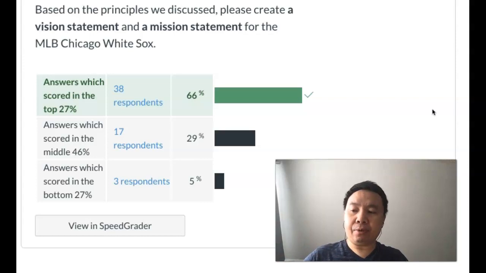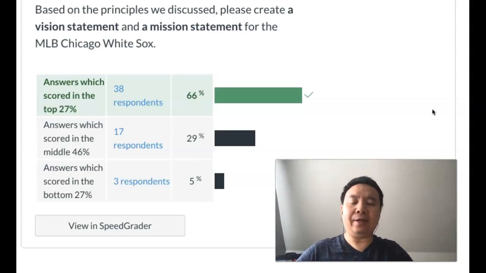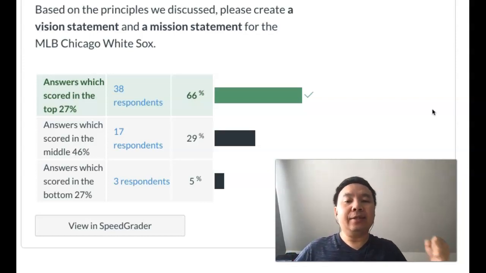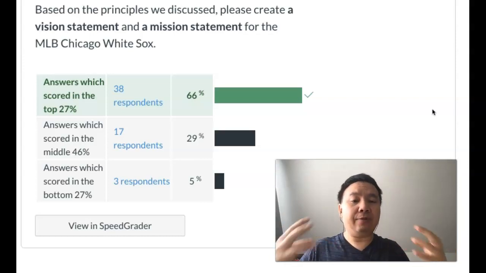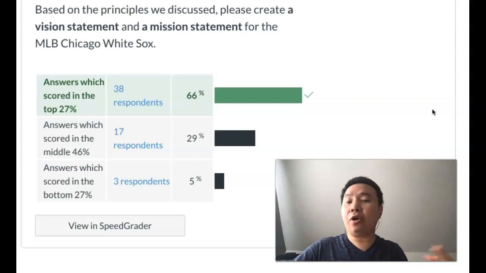When I was grading your answers, I found some students giving a very specific goal that they want to achieve. For instance, some students mentioned that in the next 5 years, the MLB Chicago White Sox would like to win the World Series, and so on, right? This is not quite a good vision statement, because we want to develop a statement that we can use for a very long period of time.